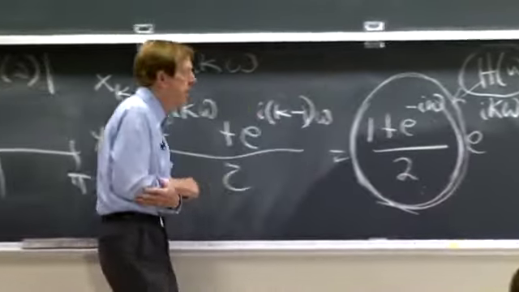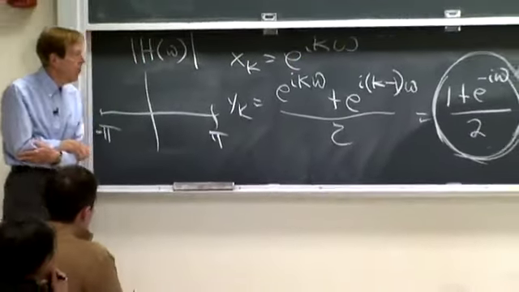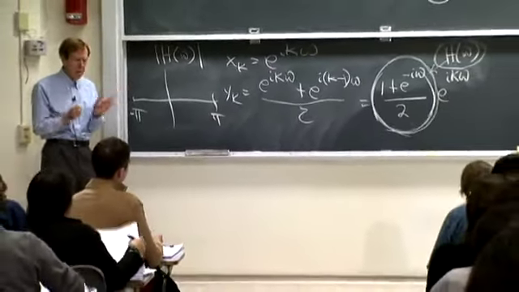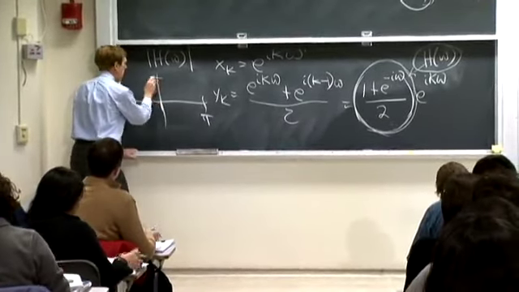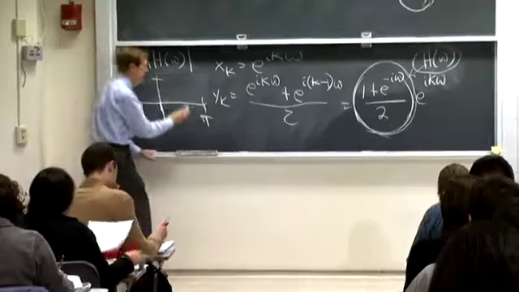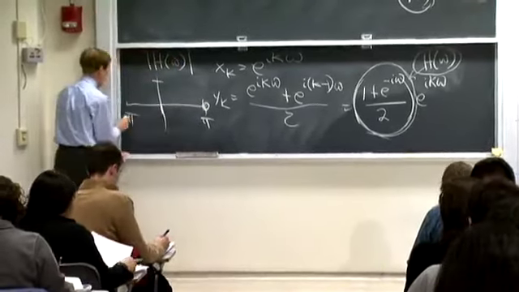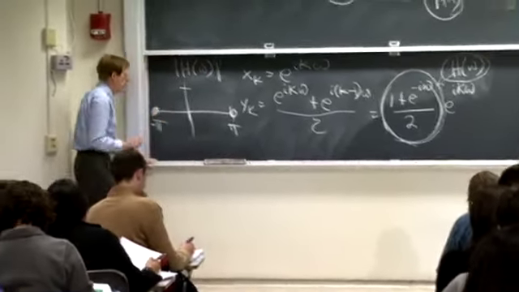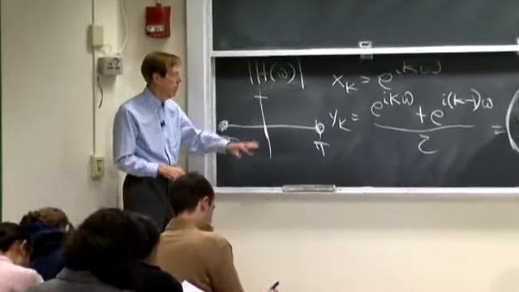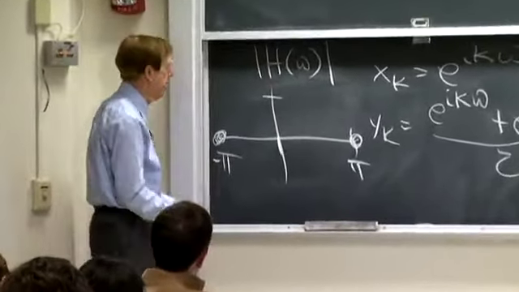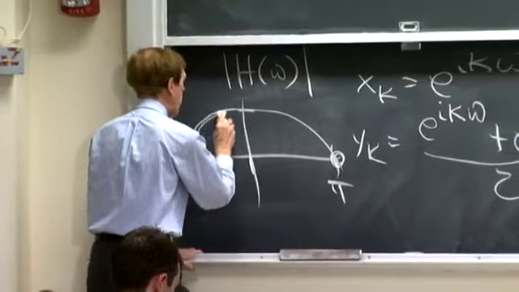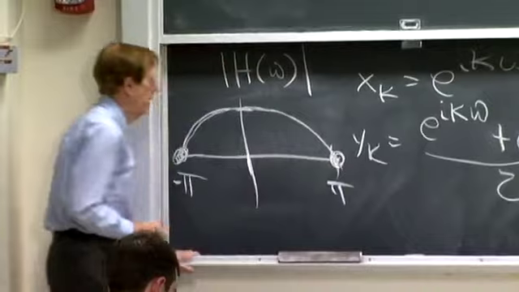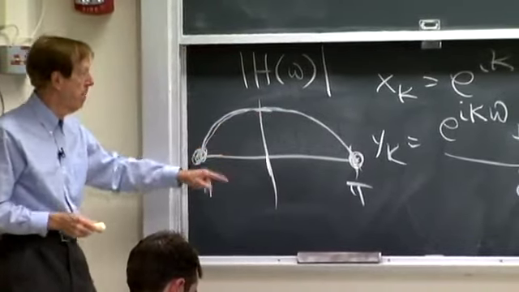So if I graph that, I know what the filter is doing. So you said at omega equals 0, I get a value of 1. At omega equal pi, I get a value of 0. At omega equal minus pi, I get a value of 0. And I think if you figure out the magnitude, it's just a cosine. It's just an arc of a cosine. Okay, for that really, really simple filter.